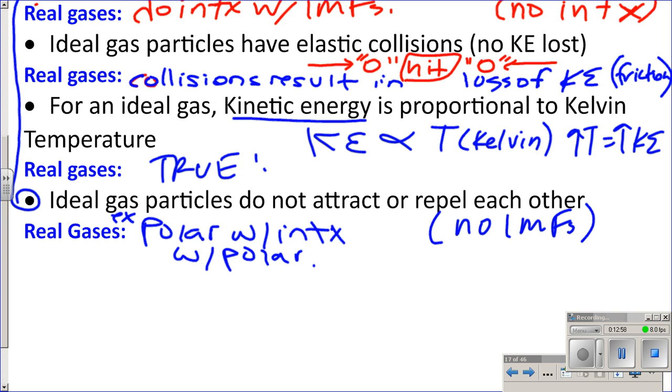That's just an example, but IMFs do exist, whatever kind of gas you're calling it. These are just assumptions we make to make our math easier. Trust me on this one. I've done the real gas laws, and they're not as fun as our ideal gas laws, so we get to assume a lot of easy stuff here.